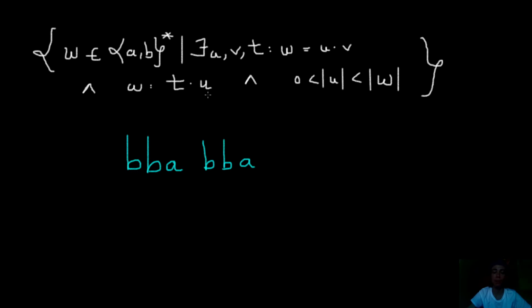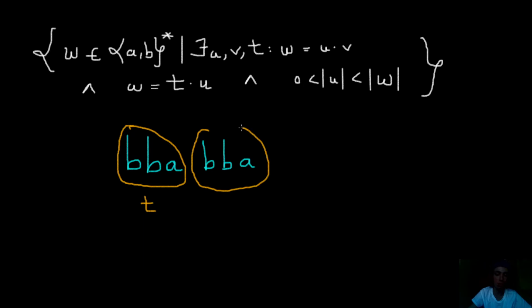Now, keep in mind that what we're saying is that we have some uv and some tu, such that w can be expressed in this same way. This is equal. Instead of two points in here, it is the equal operator. Now when w equals tu, then this is the t, this is the u, and then we can also express w as uv.